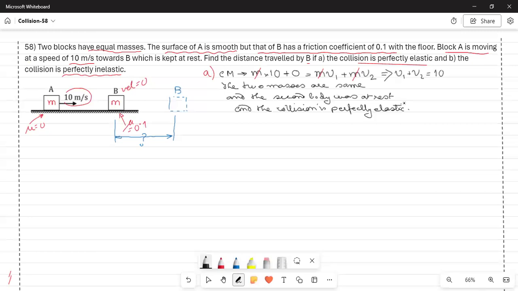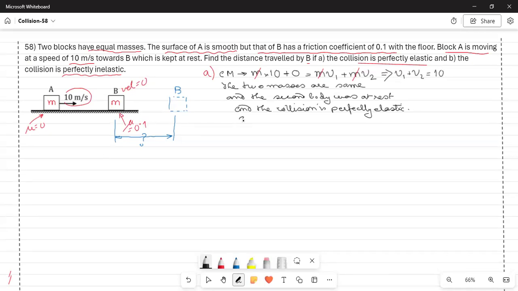Now, recollect your theory classes. In such a case, if the collision is elastic and the bodies have the same mass, and the first body was in motion and the second body at rest, then after collision the first body becomes at rest and the second body moves with the same velocity as the first body before collision.